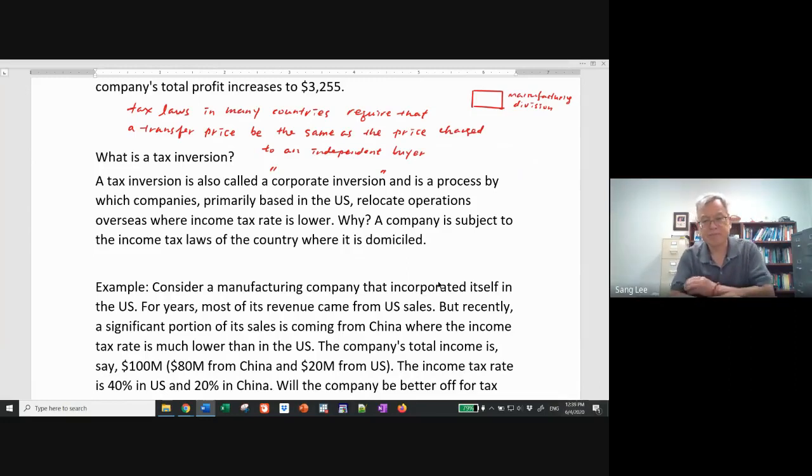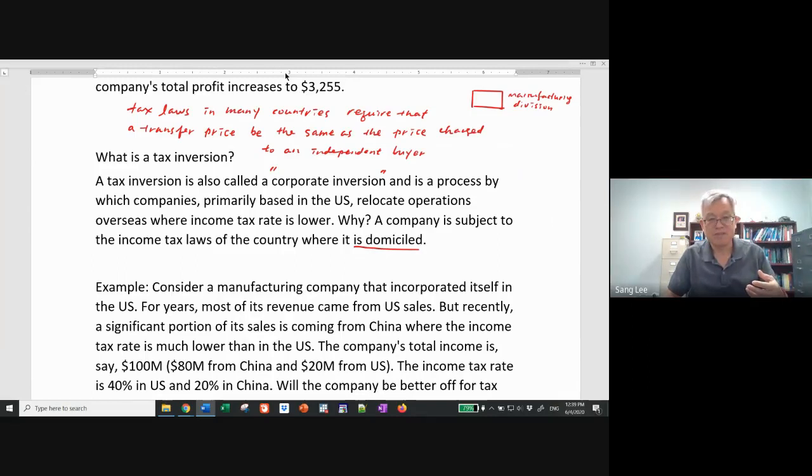Why? Because a company is subject to the income tax laws of the country where it is domiciled, in other words, where it is incorporated. Legally, you change your business residence.